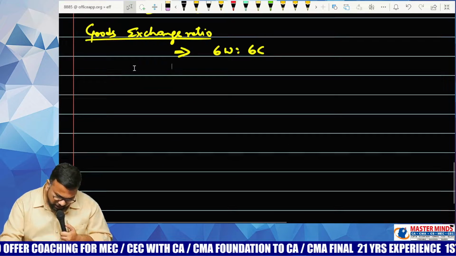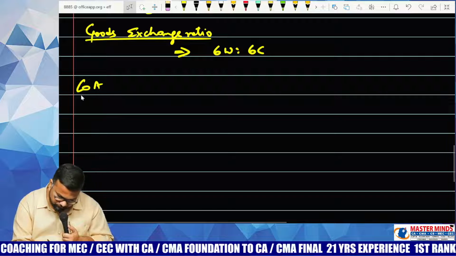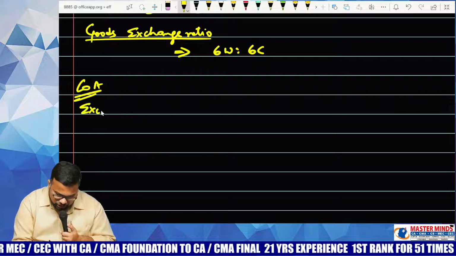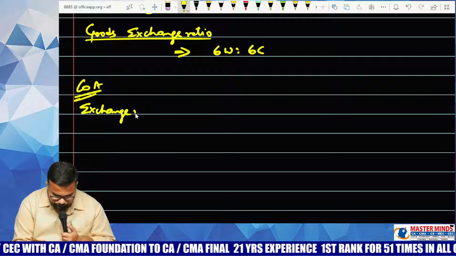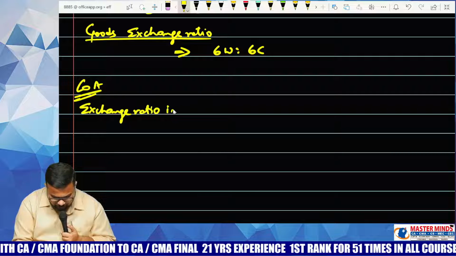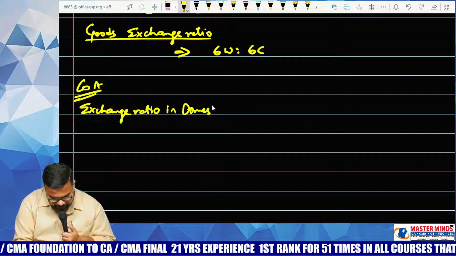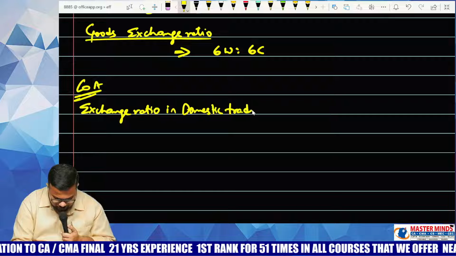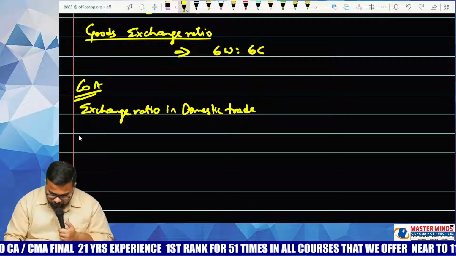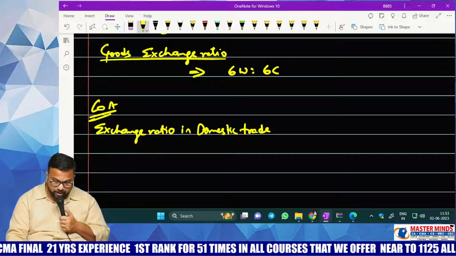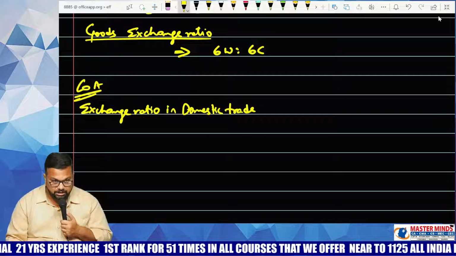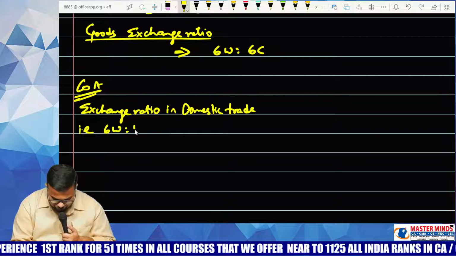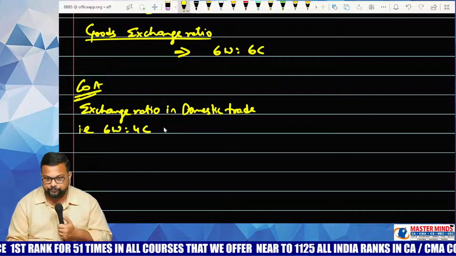So, country A. Exchange ratio in domestic trade. If I am not wrong, the exchange ratio is 6:4, right? 6W is to 4C.